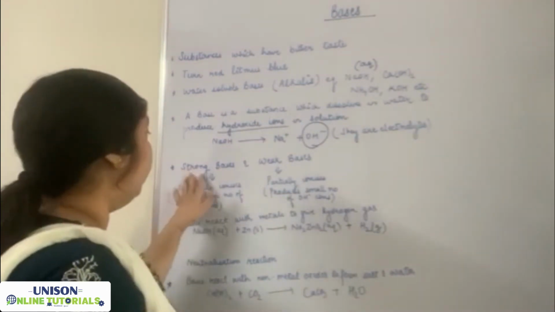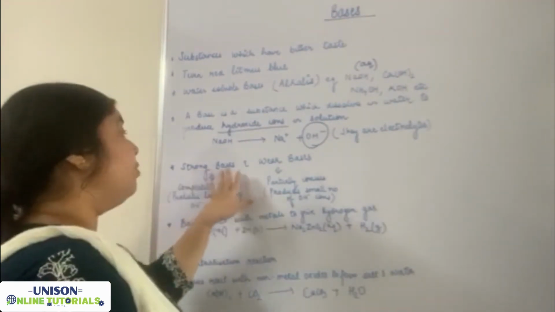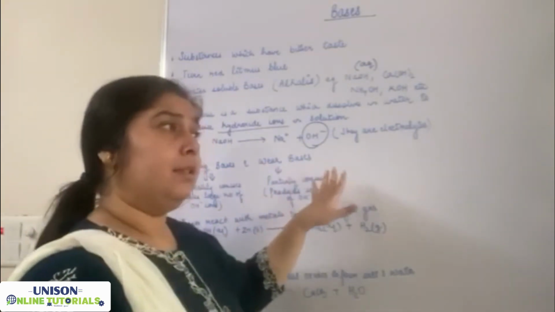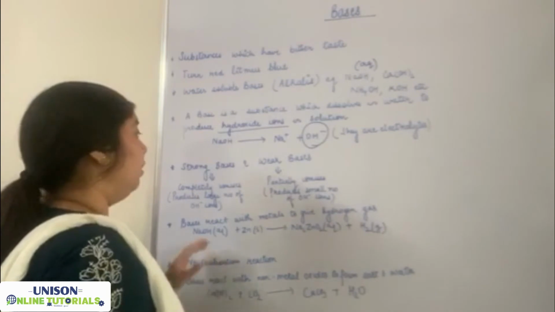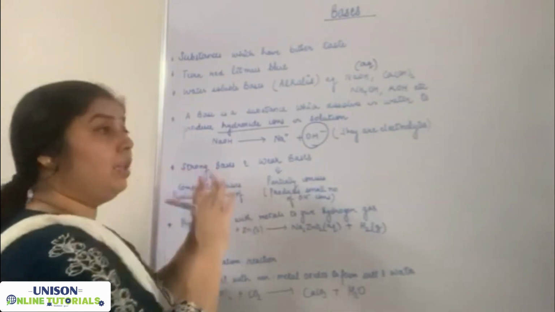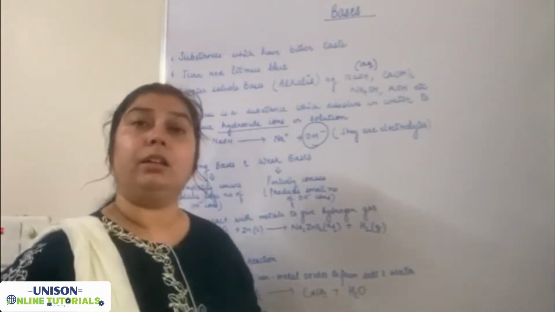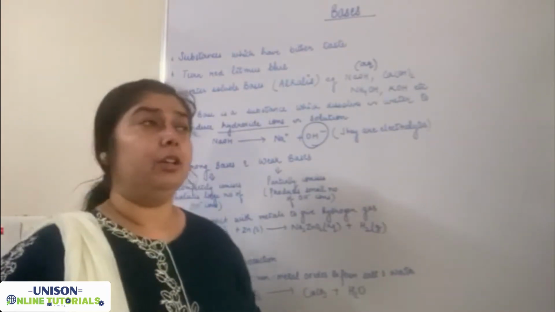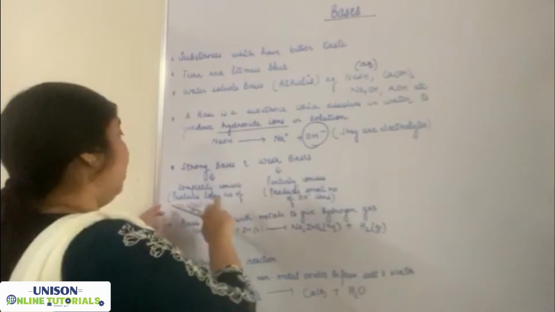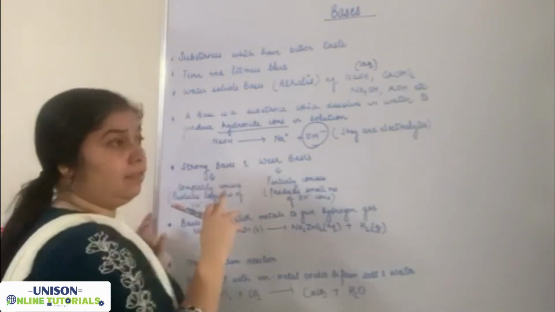Now moving further, we have two types of bases, strong bases and weak bases, similar to what we have done in acids also. Strong means what? This is nothing related to concentration, that they are more concentrated, or more dangerous. They are strong because they are completely ionized.